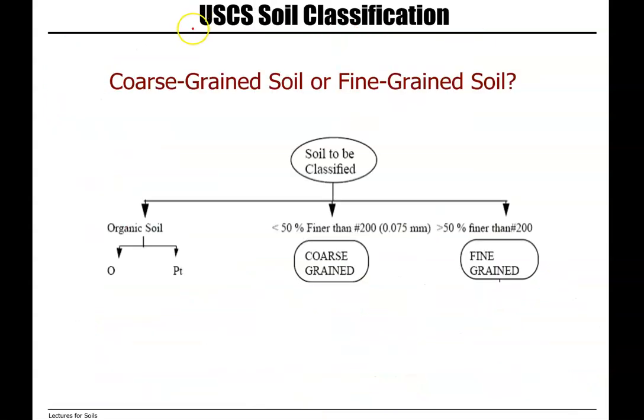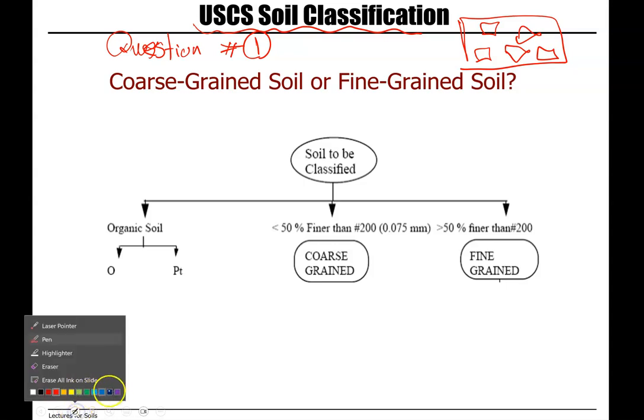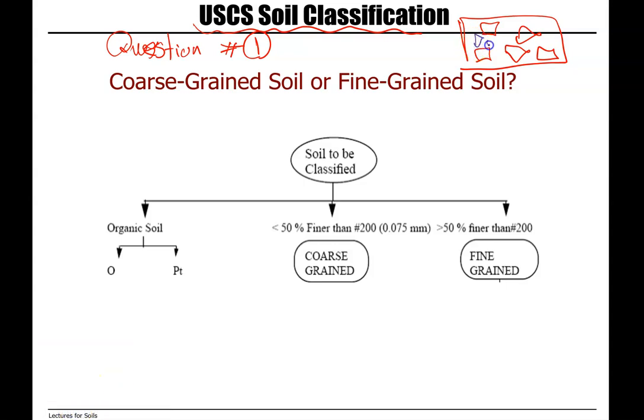So in the USCS soil classification system, question number 1 that we need to answer is: we have a soil sample which consists of coarse material and fine material.